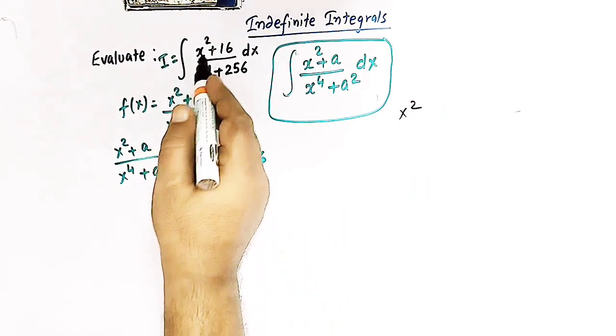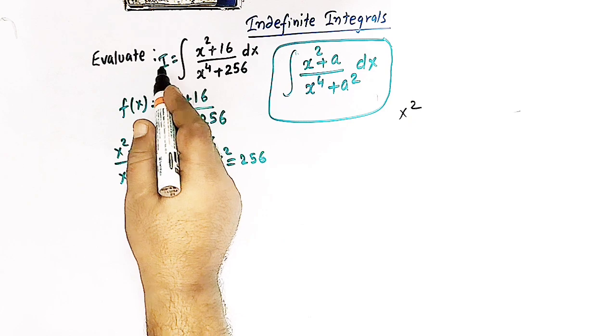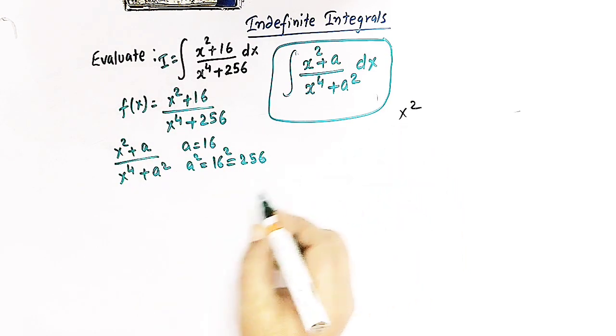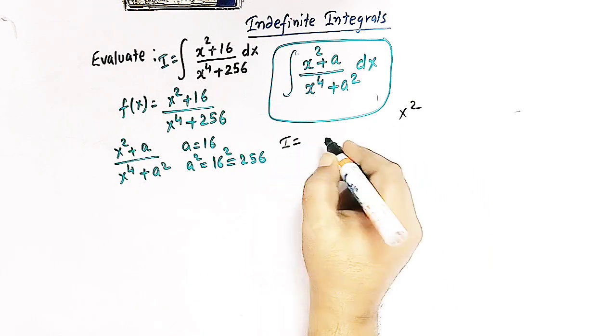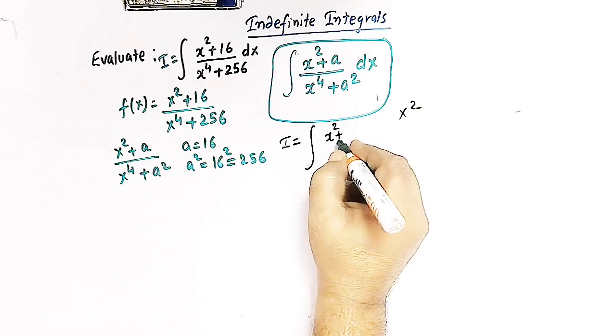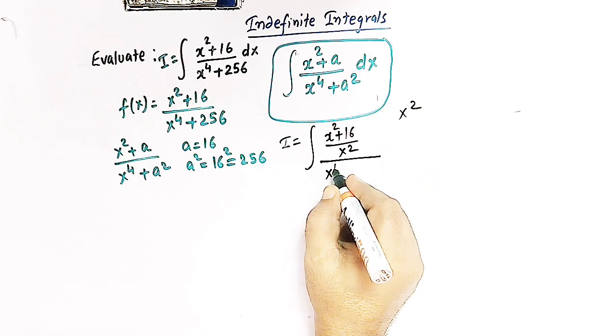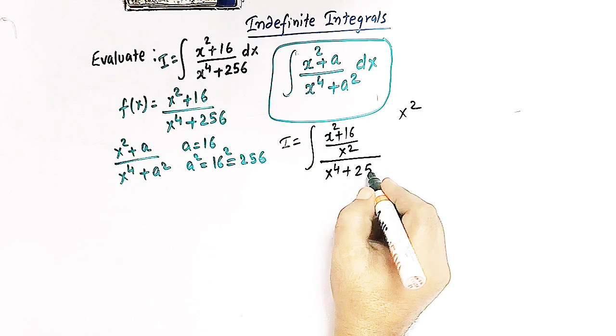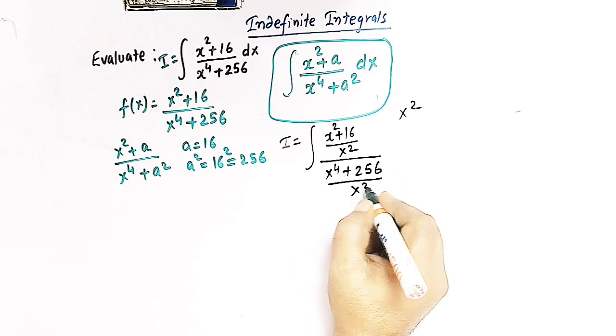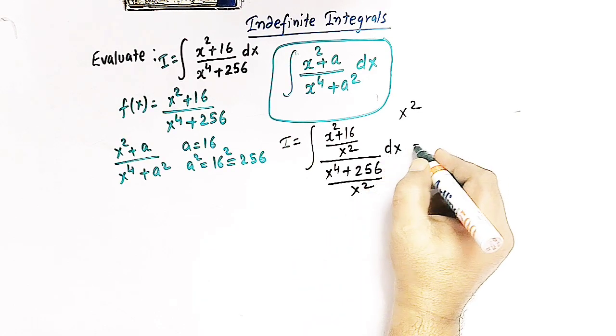So now let us divide the numerator and denominator of this integral I by x square. So we can now write I is equal to the integral of (x square plus 16) divided by x square, and here we have (x raised to 4 plus 256) divided by x square, and here we have dx.